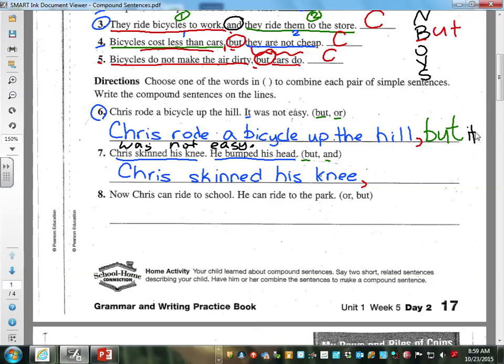So which one of these conjunctions could we use? And. Chris skinned his knee and he bumped his head. What kind of letter will the H in he have? A lowercase, because we're not starting a new sentence.